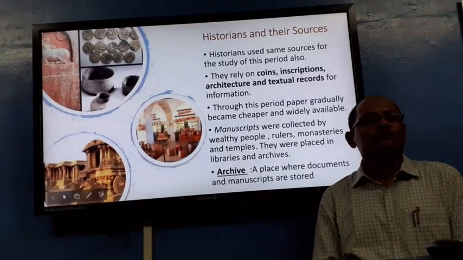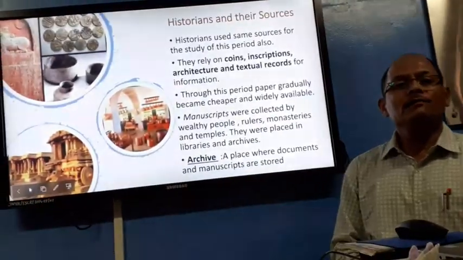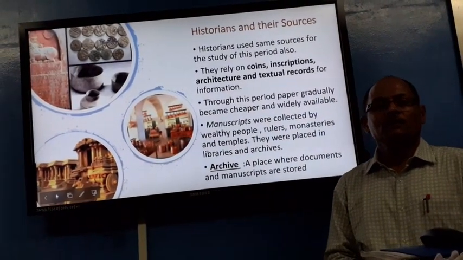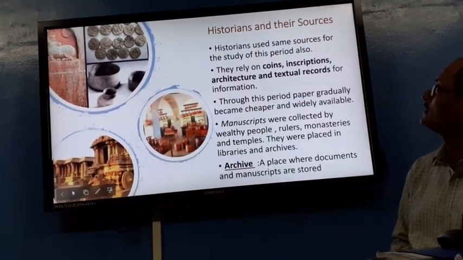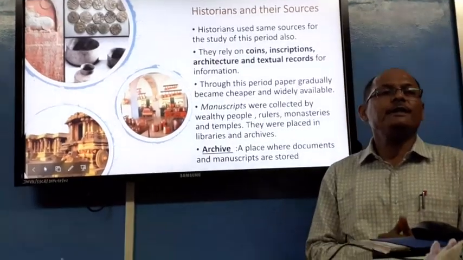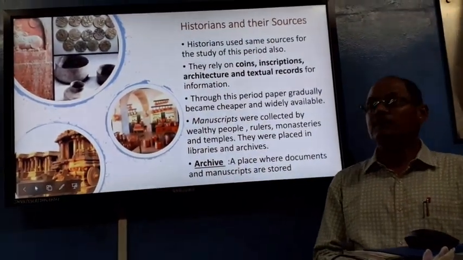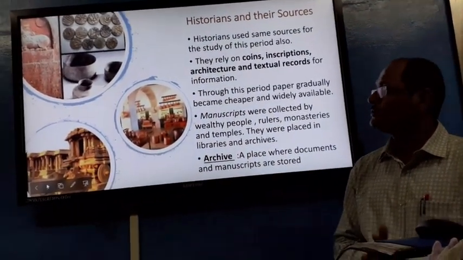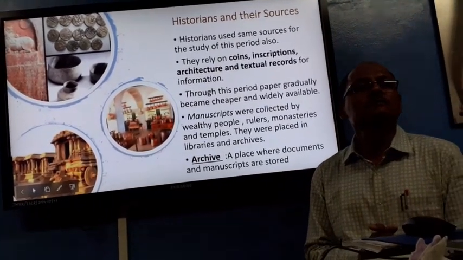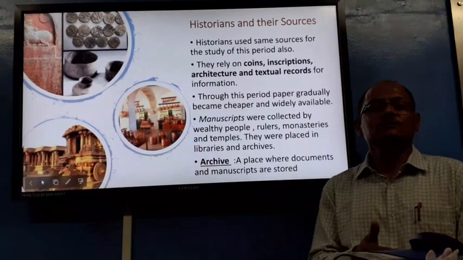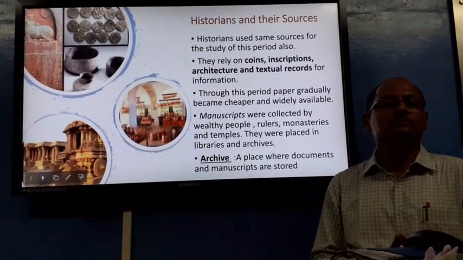This is about sources of history. Historians, we all know, are scholars who study the past. As we all know, in ancient India, they relied on coins, inscriptions, pots, architecture, that is buildings, and textual records such as manuscripts.